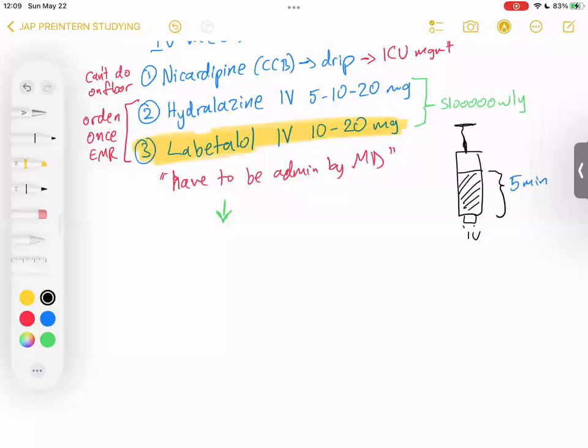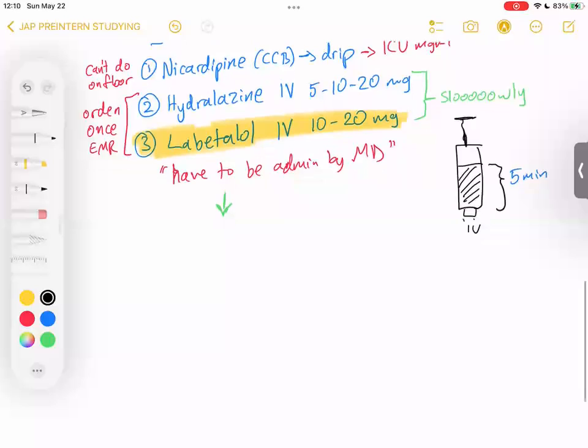Exactly. It can cause rebound tachycardia. Labetalol will block the tachycardia. Also, because of this rebound tachycardia, hydralazine is essentially contraindicated in aortic dissection, because if you give it, you'll increase the shear stress forces, and then it will worsen the dissection. Okay. I like labetalol. If you can give labetalol, just give 10 milligrams of IV labetalol.